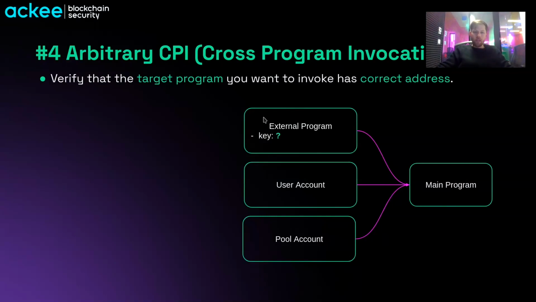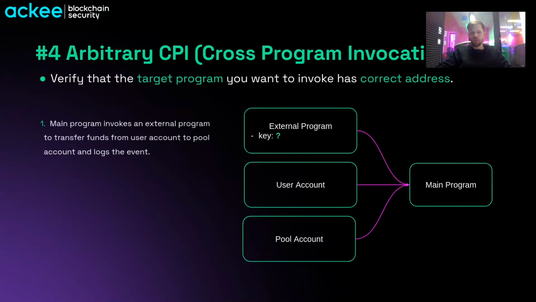And the external program that you would like to call, of course, has some key that you have to verify. Before that, I can give you an example of how you can actually exploit the arbitrary CPI.